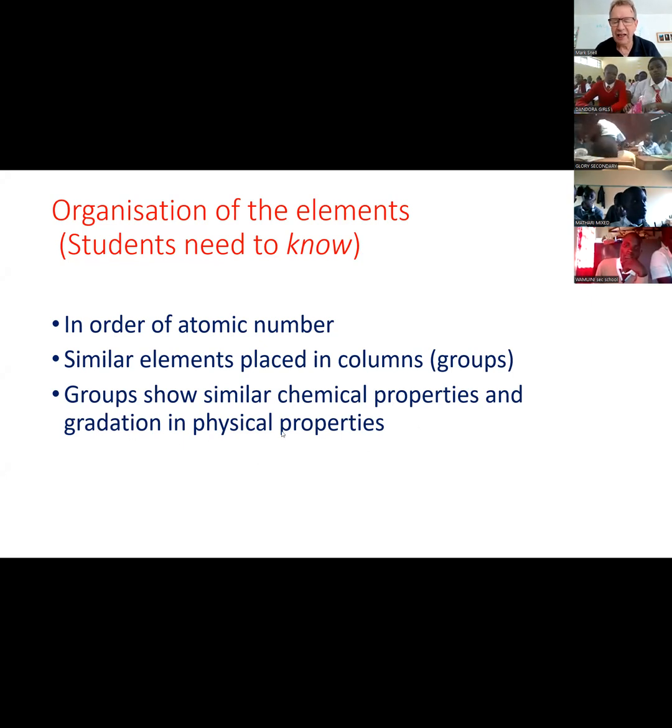That means a change in physical properties. We will see that with group 1 in just a minute. So there are 3 things you need to know. That all the elements are in atomic number order, that the groups are the columns, and that the groups contain similar elements. They have very similar chemical properties and a gradation in the physical properties.